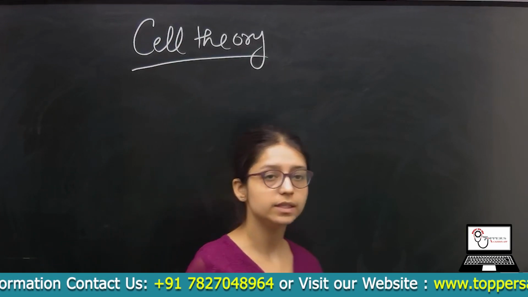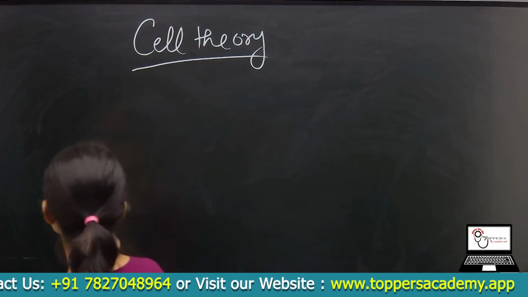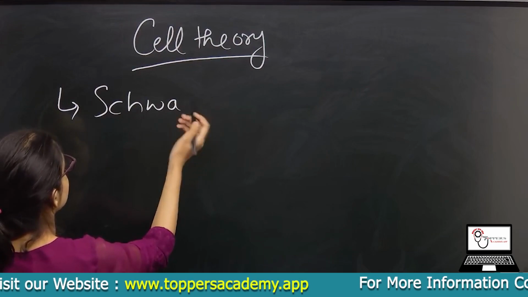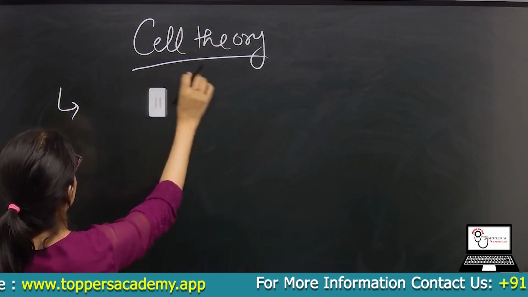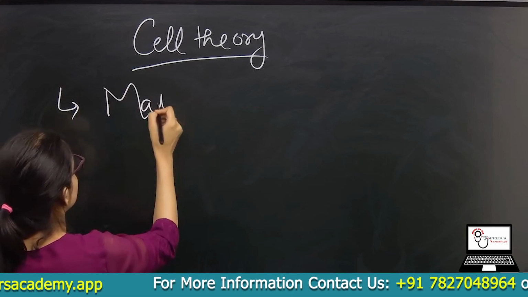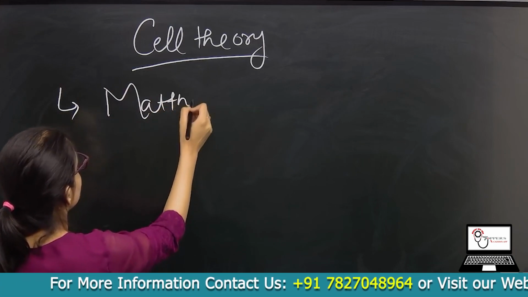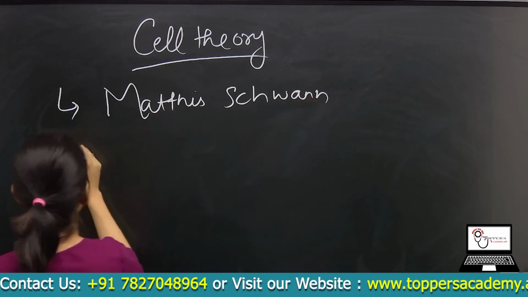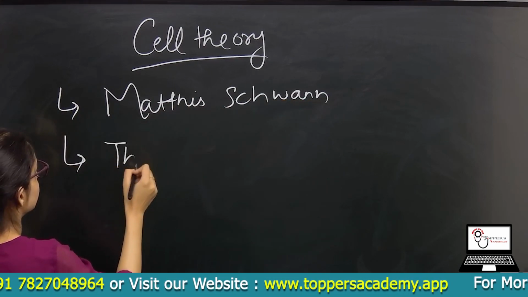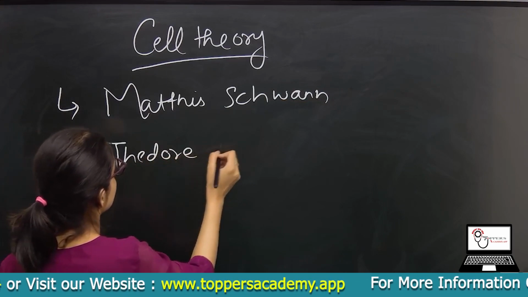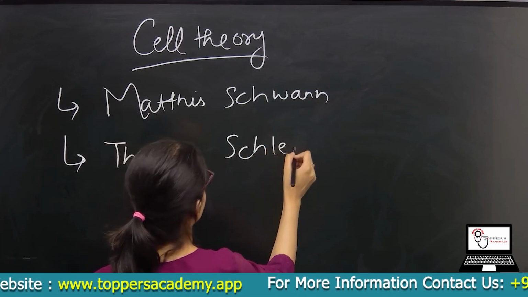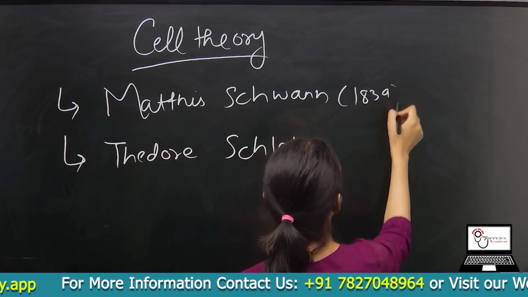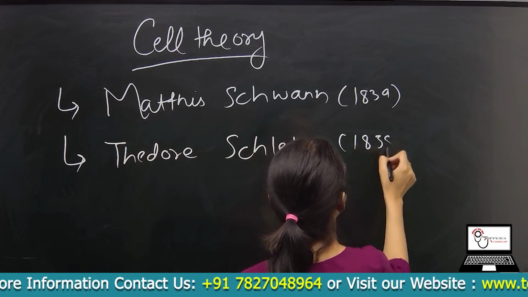We have three scientists. The first is Matthias Schleiden, and another is Theodor Schwann. The years are 1839 and 1838.